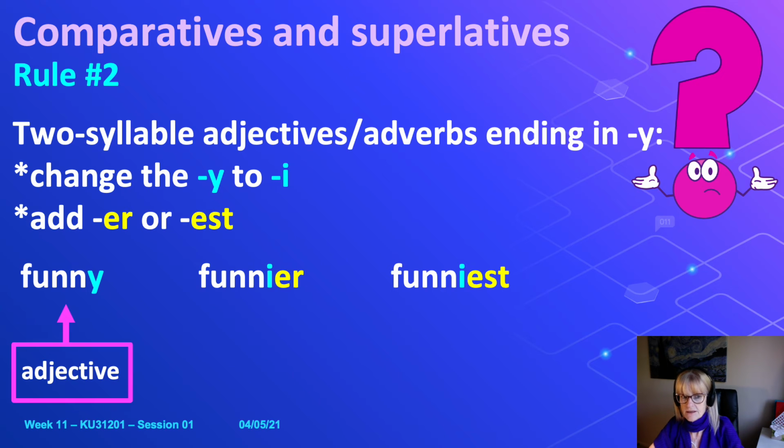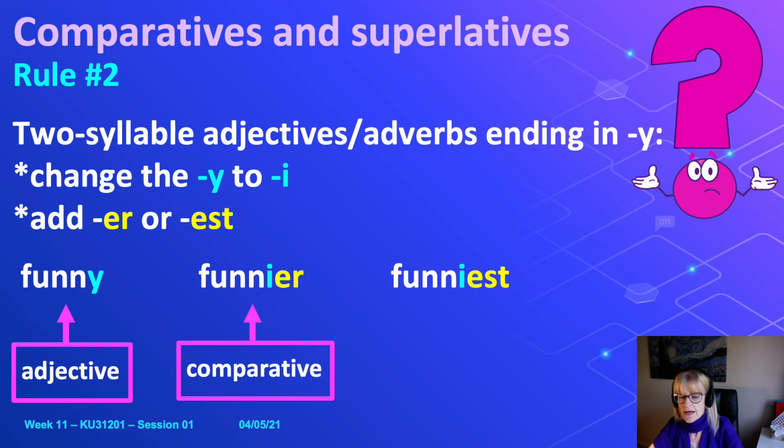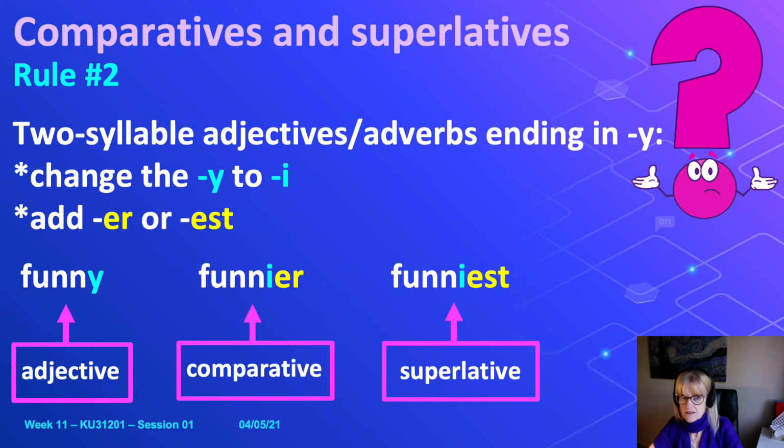Here's funny, that's my adjective, and you can see that funny ends in a Y. So to make the comparative, I change the Y to an I, and then I put my ER on. So it says funnier. And to make the superlative, again, I change the Y to an I and add EST. So it's funniest. So that's rule number two. When it's two syllables ending in a Y, we have to change the spelling a little bit.